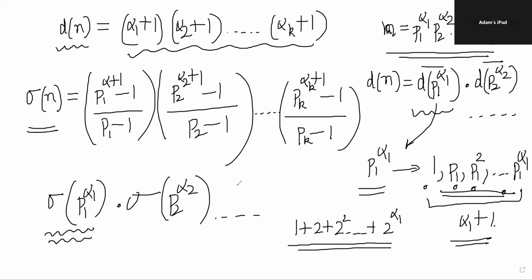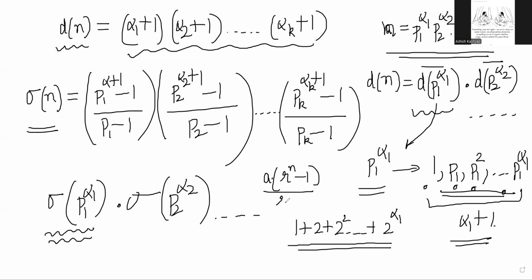The formula is A into r power n minus 1 by r minus 1, where r is the common ratio. A is the first term, so the first term is 1, and r is 2. The number of terms is alpha 1 plus 1. So it becomes 2 power alpha 1 plus 1 minus 1 by 2 minus 1, which is what we are doing here, by the way.